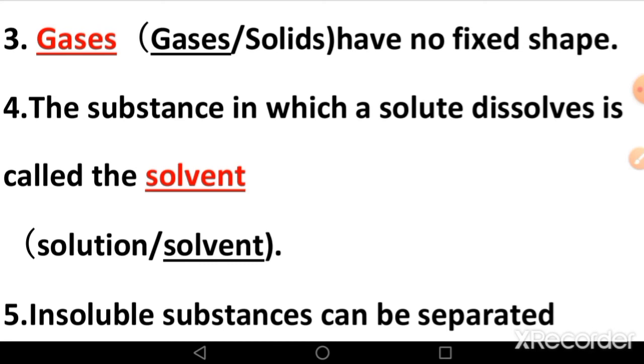Another option is solution. A solution is formed when two or more substances like salt and water or sugar and milk mix together. So the answer is solvent.